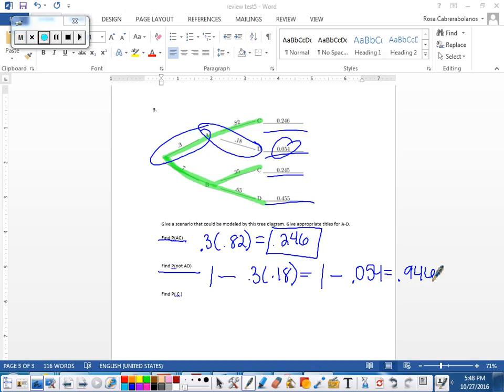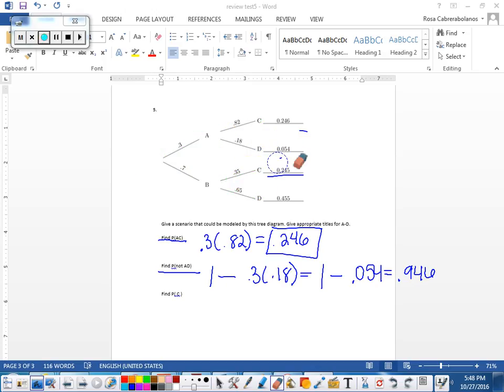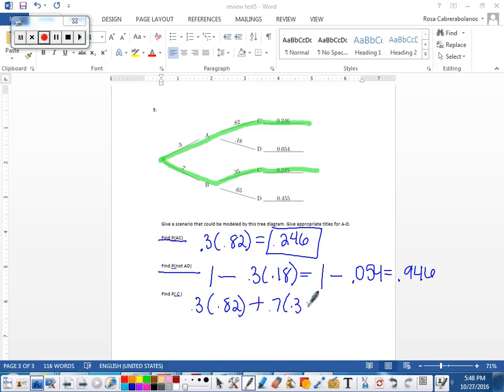And then finally, probability of C. That means you gotta take anything that has a C. So this path, oh, I just did the wrong one. This one and that one has a C. This one and that one has a C. Okay, so I'm gonna do 0.3 times 0.82 plus 0.7 times 0.35.